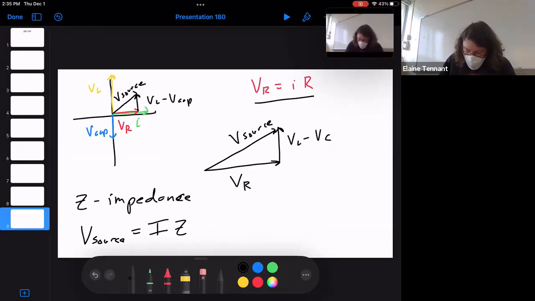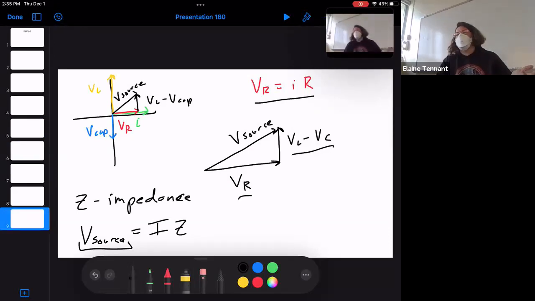I'll say, why can't I replace that source voltage over here with a bunch of these other voltages, see if maybe we can get current to go away, and then express Z in terms of R's and chi sub L's and chi sub C's. If you wanted to write an equation that included the hypotenuse of this triangle and the two legs of this triangle, what equation would you write down?